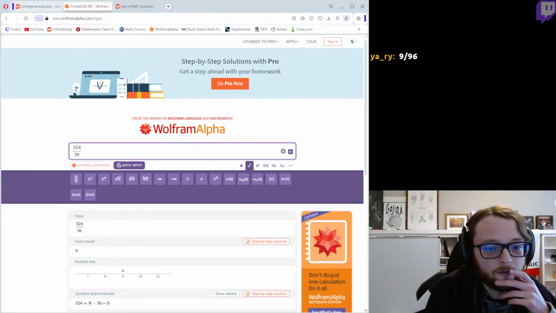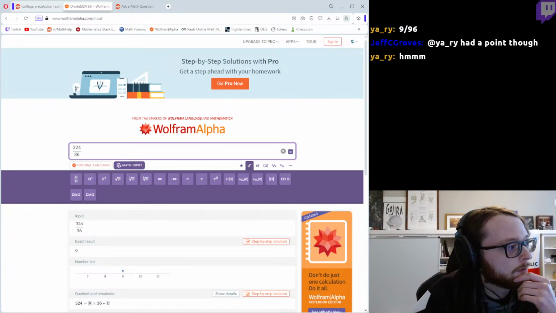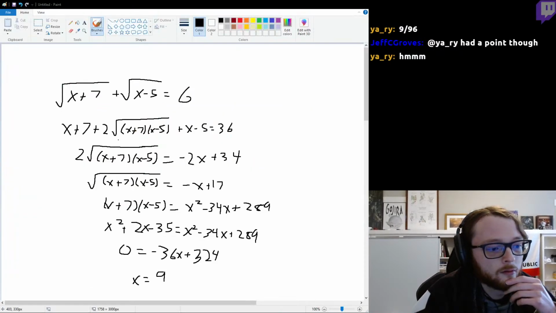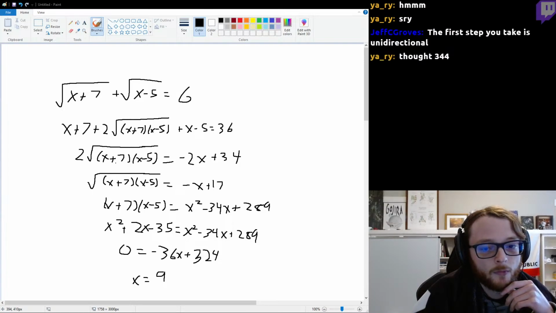Wait, so we wouldn't have gotten x equals 9 from anywhere else though, would we? X equals 9 isn't a root of any of these things if you consider them on their own. I don't think, unless I'm misunderstanding what could be another root you lose by squaring.